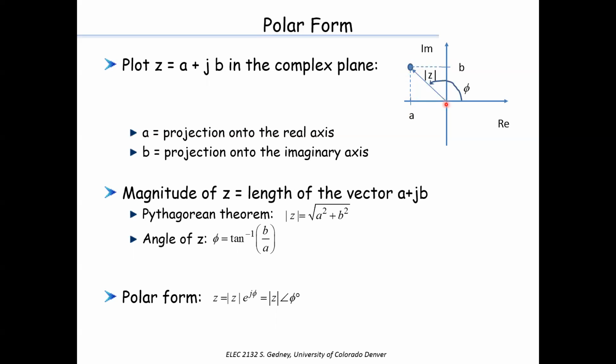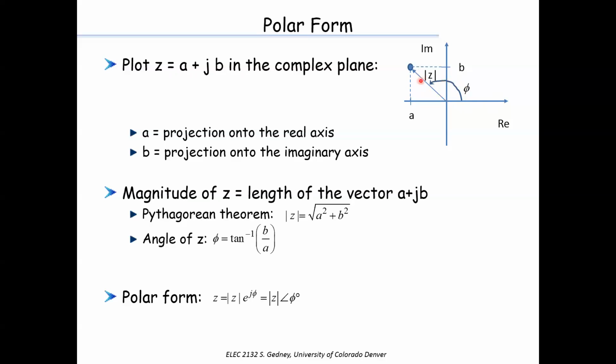Now, I can treat this as a vector from the origin to my complex point. That vector has a length, which I refer to as the magnitude of the complex number. And this vector makes an angle phi off the positive real axis. I call it the angle of the complex number. So this is like a polar form in a cylindrical coordinate frame, where I can have an xy coordinate and write it as rho, phi.